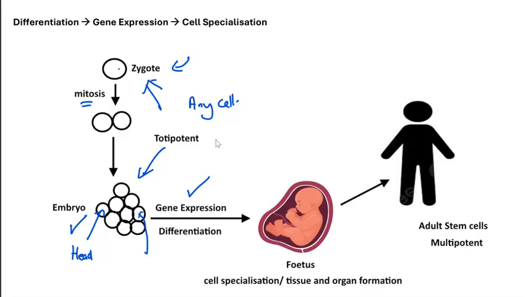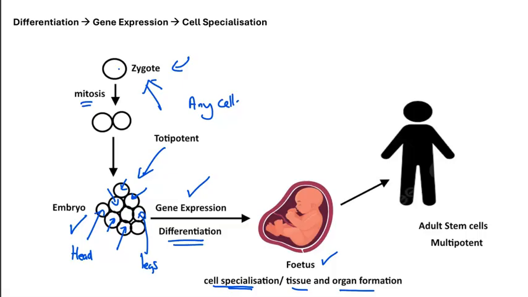Other cells will switch on genes that produce structures we associate with legs, and every other cell can switch on particular genes that will result in their differentiation or cell specialization to form the tissues and the organs of the fetus.